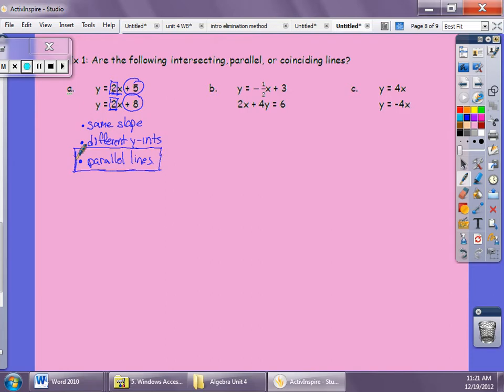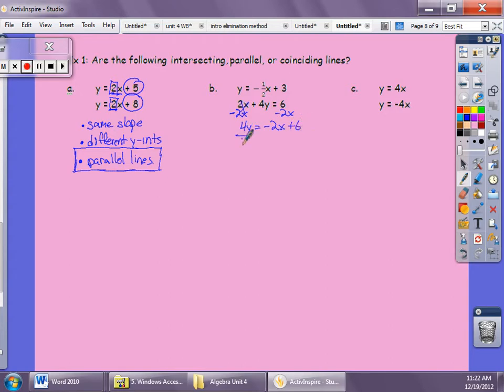Now if we look at question B, we have one that is in slope-intercept form, y equals negative 1/2 x plus 3, and the other one that is not in slope-intercept form. So we want to write the second equation in slope-intercept form. The first step is we subtract the 2x. So we have 4y equals negative 2x plus 6.